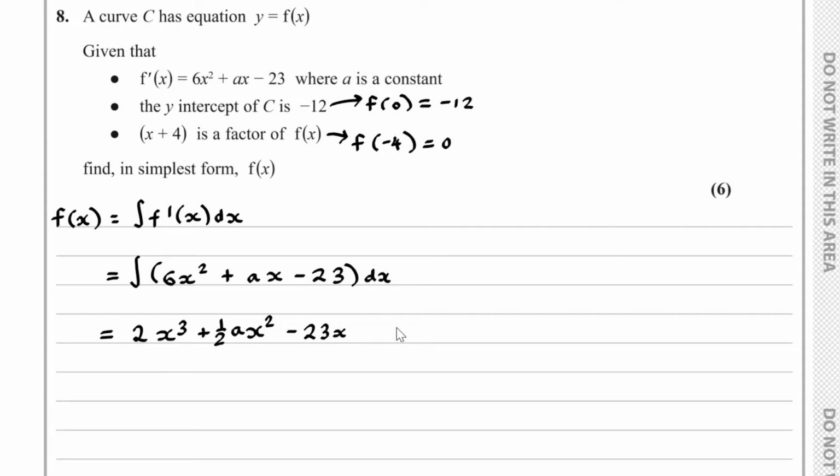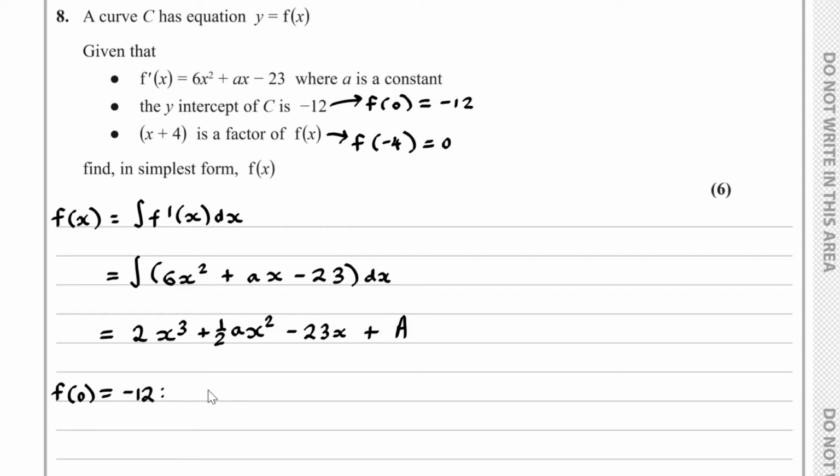And don't forget, we have a constant of integration. We'll call that constant of integration capital A. Now, using what we have over here, f of 0 equals minus 12.